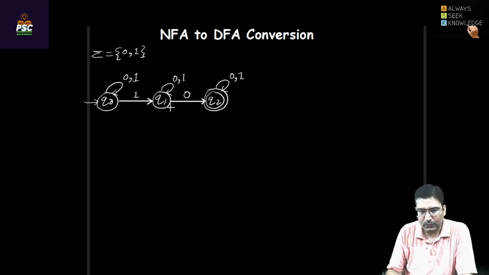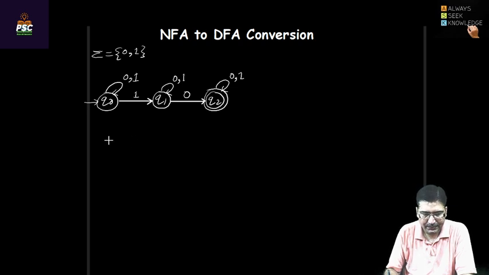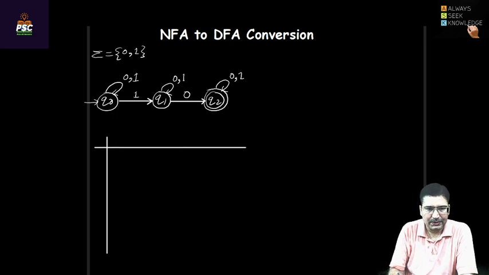If we want to convert this into a deterministic finite automata, the first step is to construct a table like this. In this table construction, we start from the initial state of the given automata.